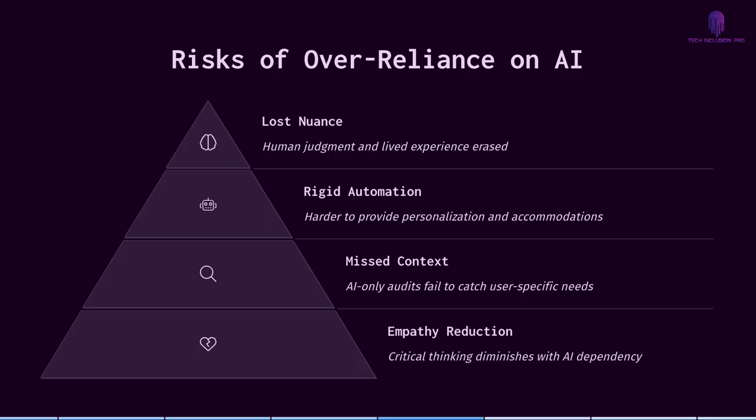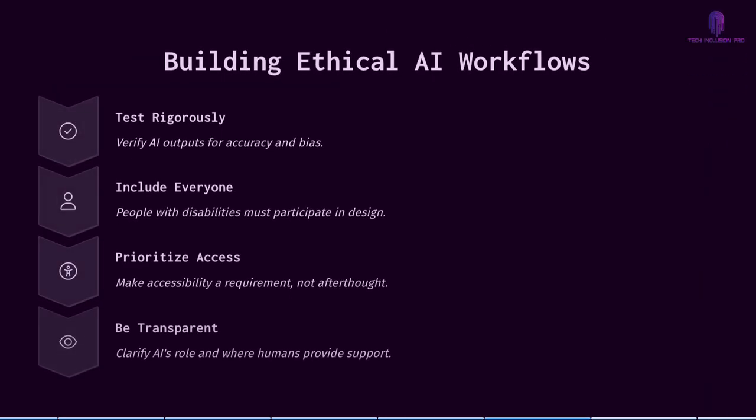And then there might be an empathy reduction, so critical thinking diminishes with AI dependency. When I say empathy reduction, I literally mean not understanding where other people are coming from. When you remove the human factor from utilizing these tools, you're only relying on the bias of the tool that you are using. You have to include people and talk with people throughout your processes.